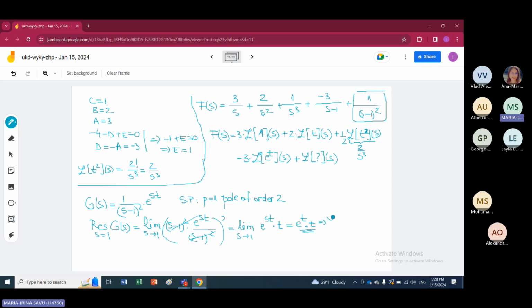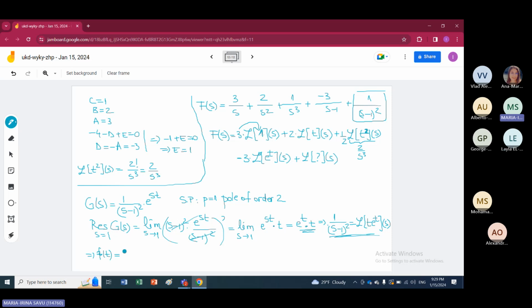Okay, so we have that, let me write in this way, 1 over s minus 1 squared, which is this fraction, is actually Laplace of t e to the t, evaluated in s. So in the end, the function f of t is, let's take a look here.